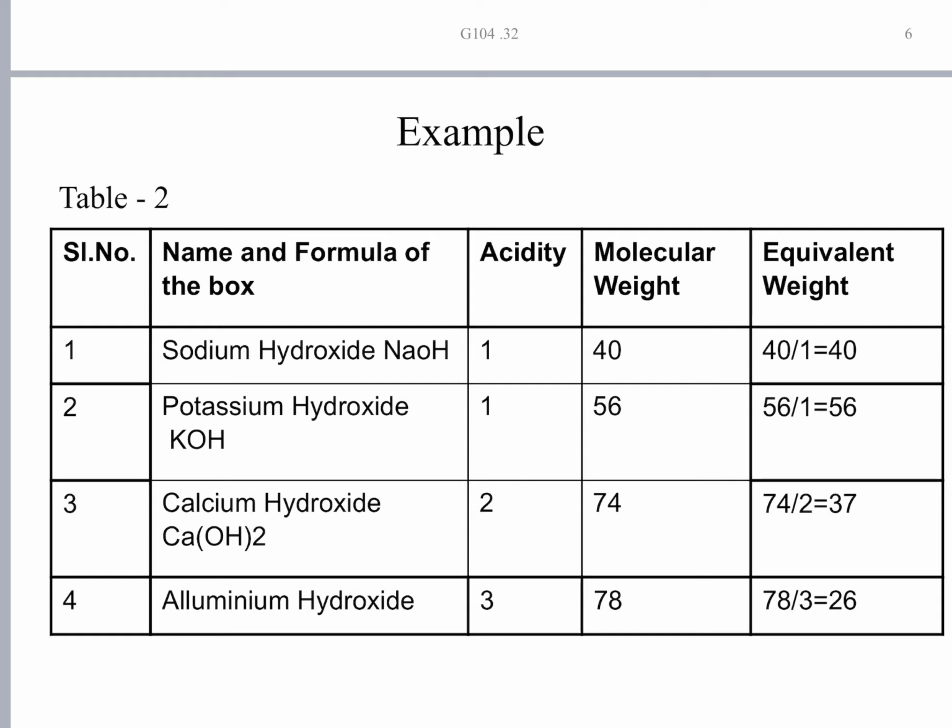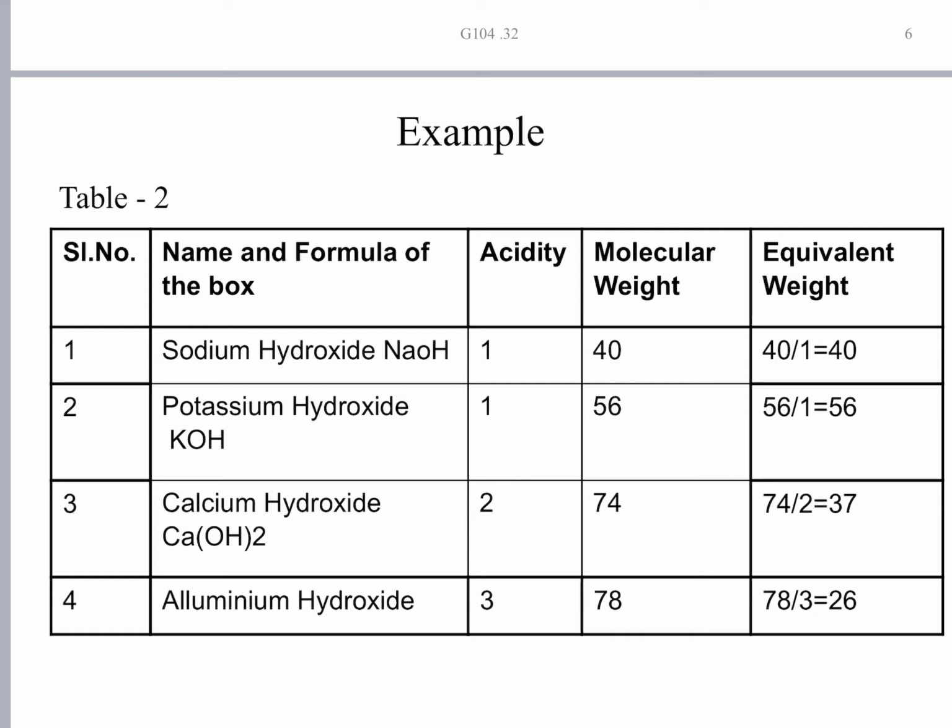Next, let us take potassium hydroxide. KOH dissociates into K plus plus OH minus, so on ionization KOH furnishes a single hydroxyl ion.